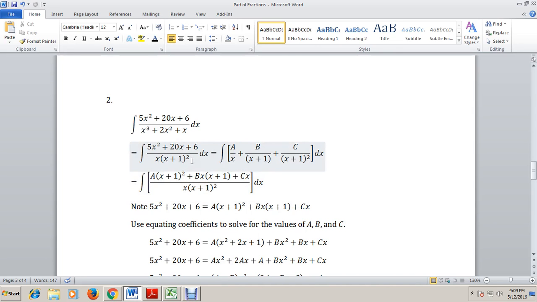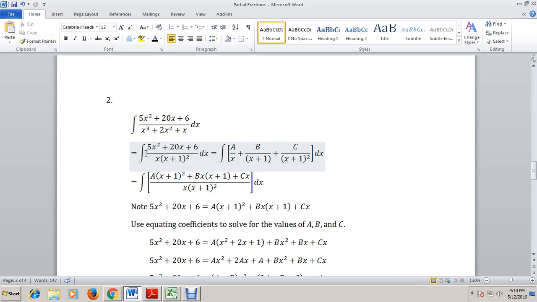Now if it happens, for example, that this is x plus 1 raised to 30, or say x plus 1 raised to 100, then you will be expressing the corresponding partial fraction into b over x plus 1 plus c over x plus 1 squared plus d over x plus 1 cubed plus e over x plus 1 raised to 4, and so on, building the corresponding partial fractions up to the power 100 if the power of x plus 1 becomes 100.